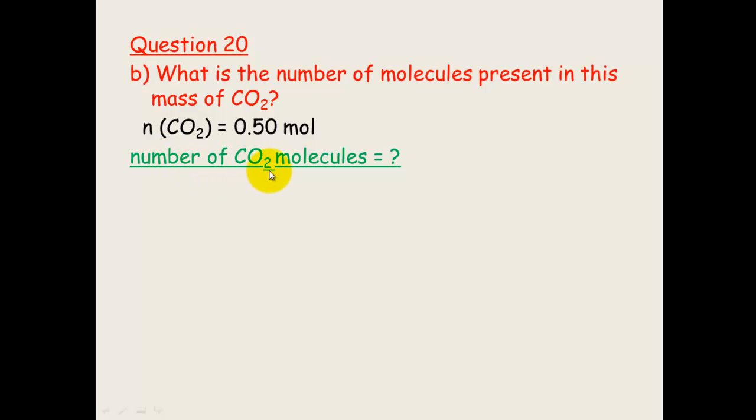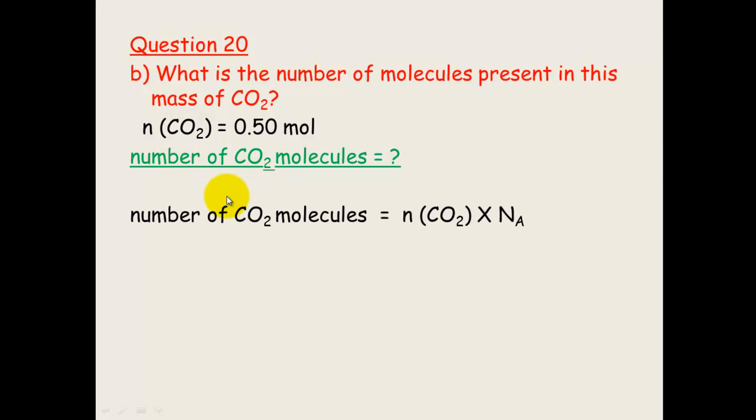So what is the number of molecules? Okay, so the number of molecules is going to equal the number of mole times Avogadro's number. Just as if we were working out how many dozen eggs we've got or how many eggs we've got. If I've got half a dozen eggs, I'd multiply that by 12 to get the number of eggs. Here I'm going to multiply by Avogadro's number, which is 6.02 by 10 to the 23, because that's how many particles are in each mole.